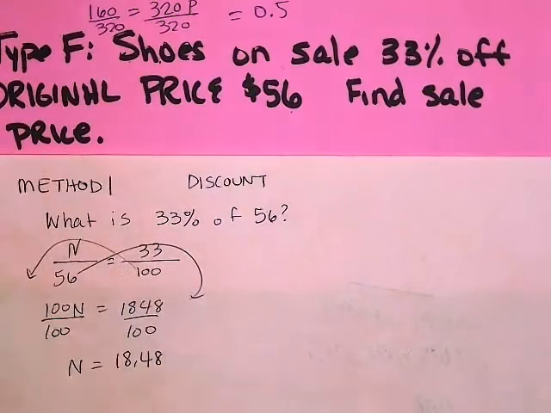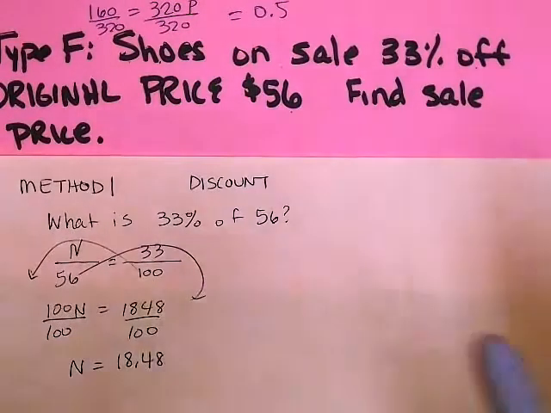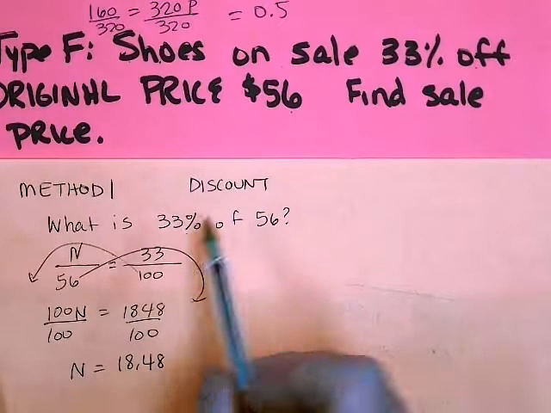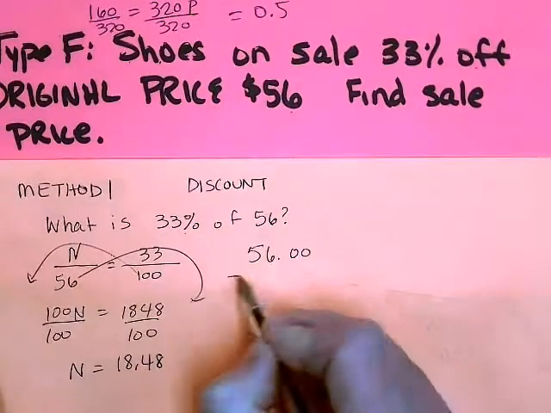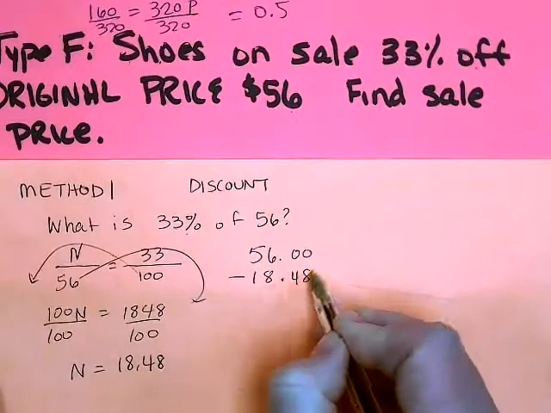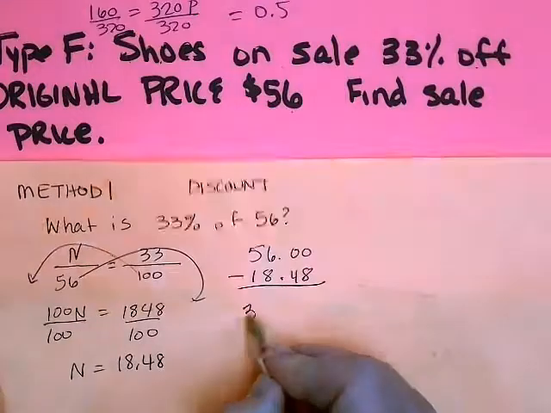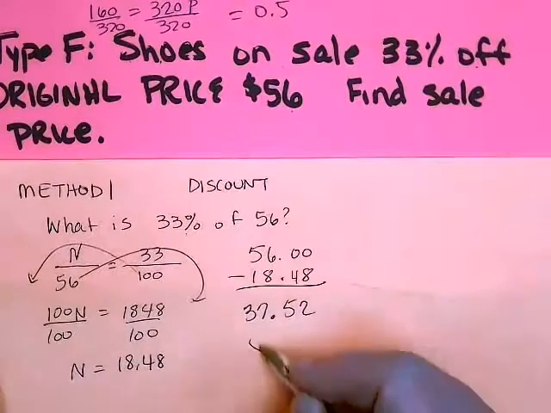Now what you found is the part that you do not have to pay. 33% off. We're taking 33% of the price away. So this is how much money we're taking away. We're not taking $33 away. We're taking 33%. So then you have to go back to $56 and subtract the part that we're going to discount. Your price is $37.52.